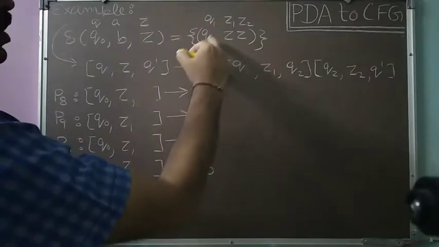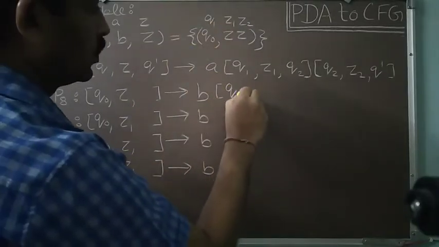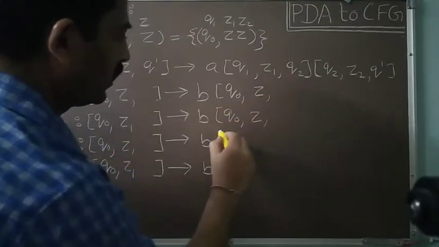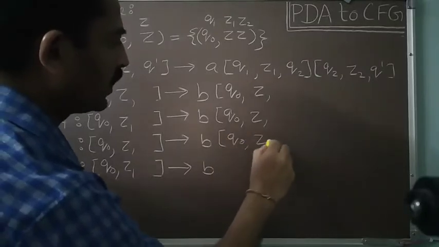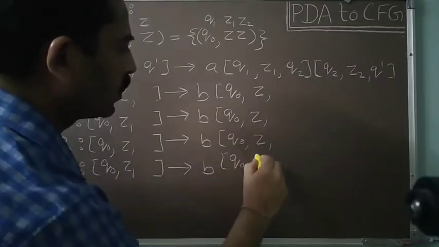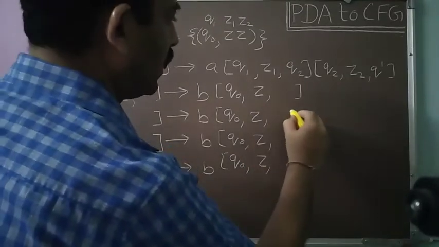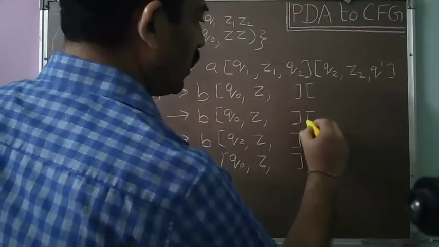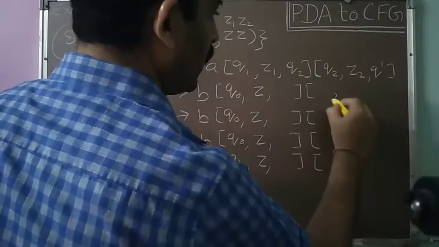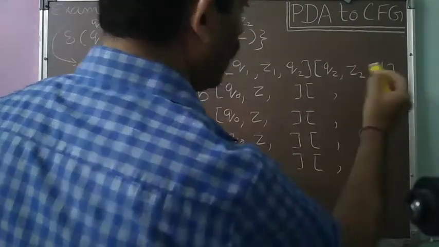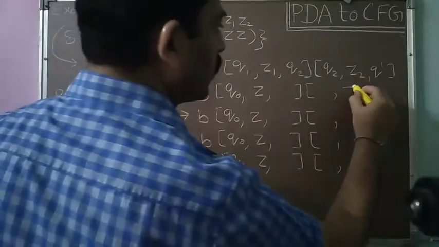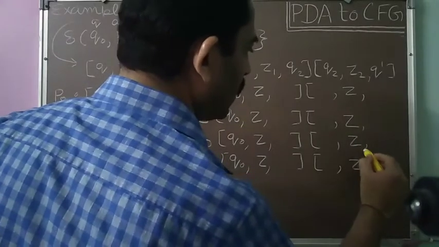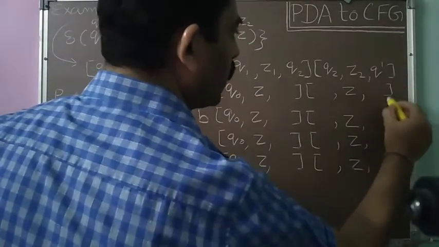Q1 is Q0 and Z1 is Z, so [Q0 Z, and then I will close it, because the value of Q2 I have to fill, and the same value of Q2 I will fill here, and the value of Z2 is Z. So [Q2 Z, and then the value of Q dash.